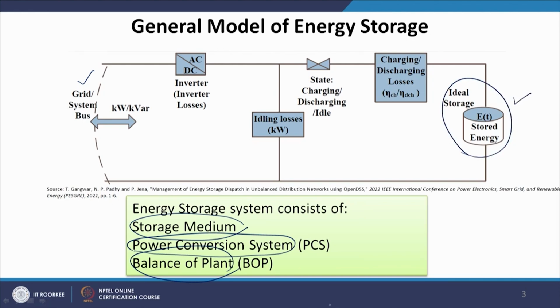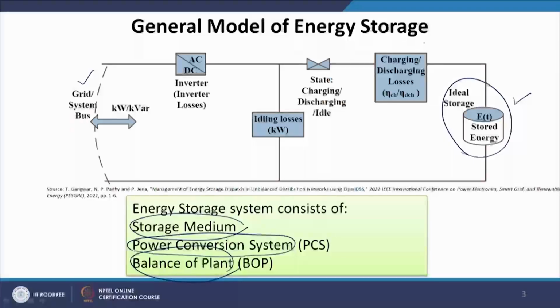But when we look more closely, it possesses a bit of losses. First of all, it starts with charging and discharging losses, then idling losses, and then you will have converter losses through inverters. So, this is my representation of an energy storage system, including the different types of losses it undergoes during both charging and discharging phenomena.